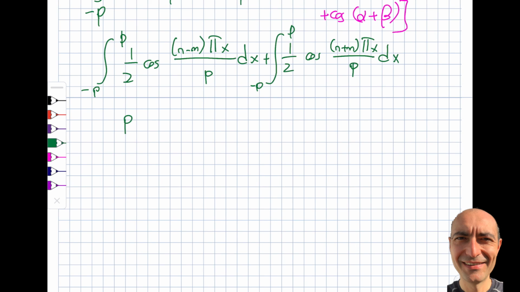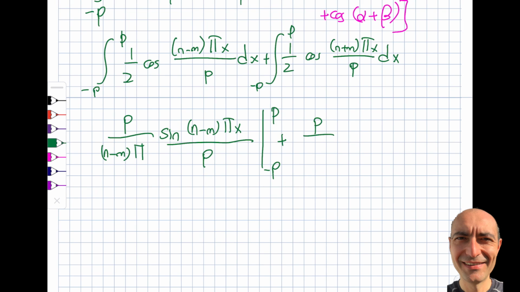So I'll do p divided by (n minus m) times pi times sine. I don't have a negative this time around. Sine of (n minus m) pi x by p from minus p to p, plus the same thing with n plus m this time: p over (n plus m) pi times sine of (n plus m) pi x by p, again from minus p to p.